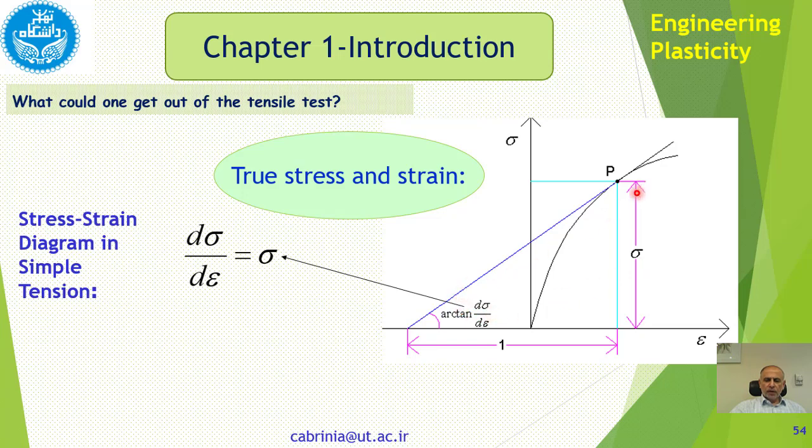Otherwise, in this triangle, tangent is equal to sigma over 1, which is sigma, and tangent of this is d sigma over d epsilon. So that is the condition from which we can find the point of instability.